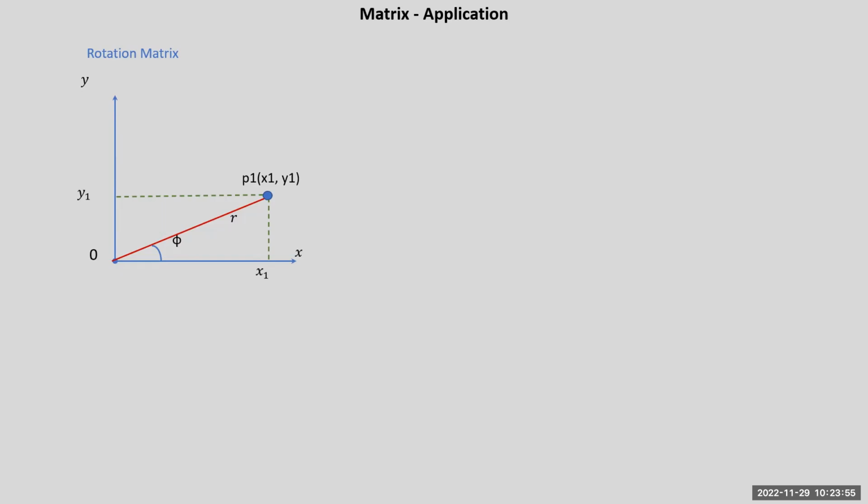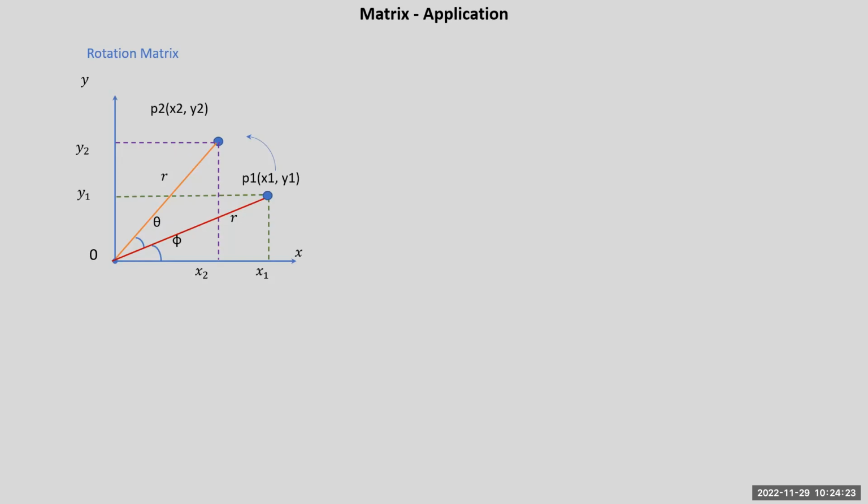Now if this point is moved or rotated to another point with the same radius, say P2, with a position at x2 and y2 with a radius r and incremental angle theta, then how can you represent this system in matrix form? It is a very simple and straightforward operation.